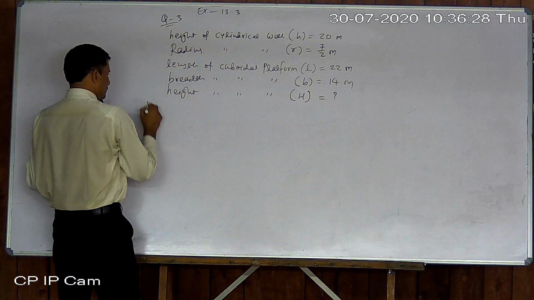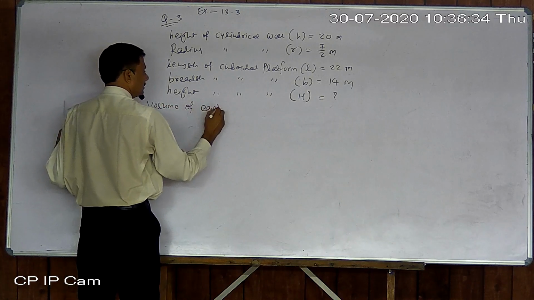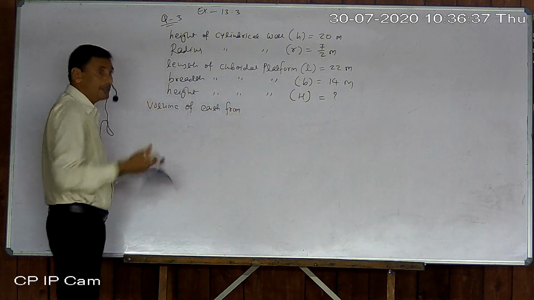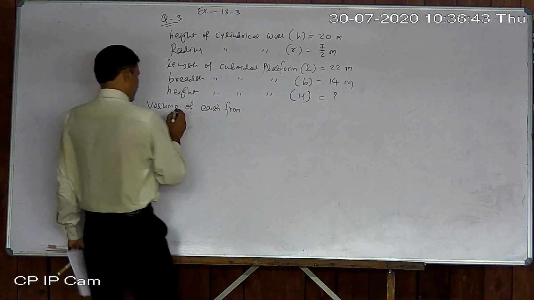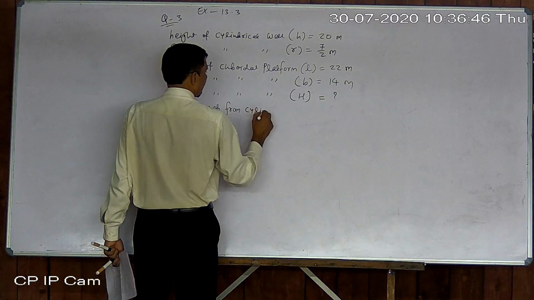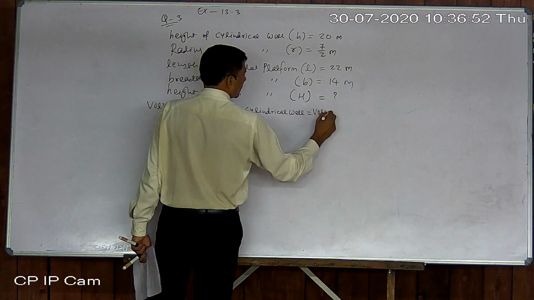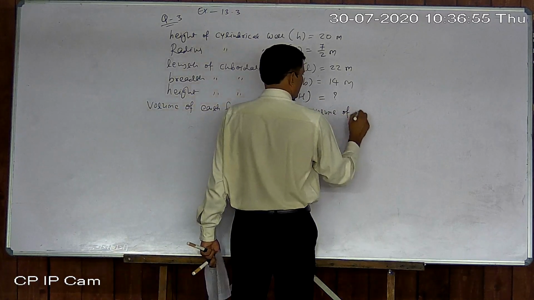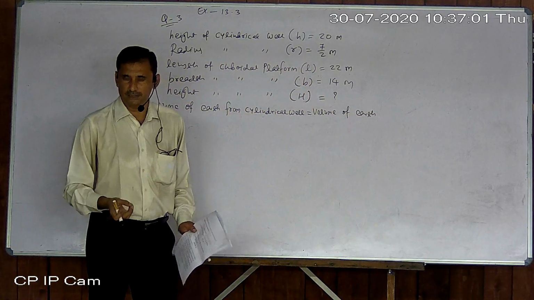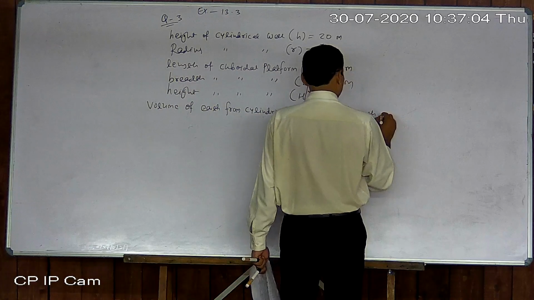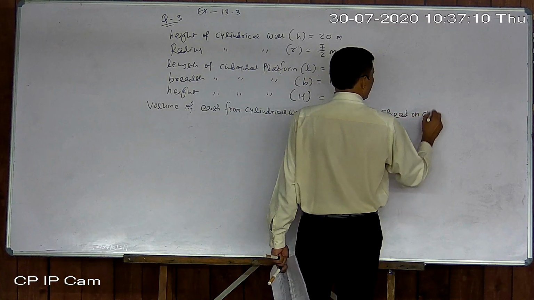Now compare both. Volume of earth from the cylindrical well is equal to volume of earth spread on the cuboidal platform. Earth here means mitti, clay, sand.